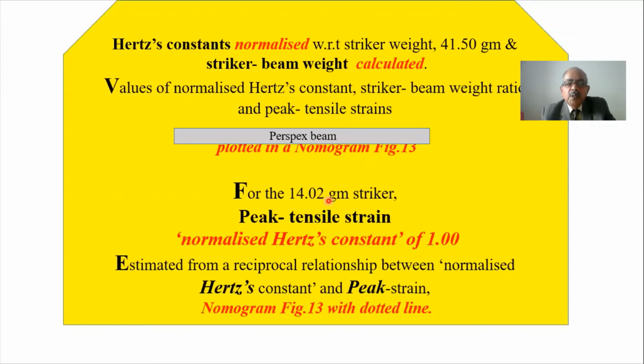For the 14.02 gram striker, peak tensile strain and normalized Hertz constant, we estimated a reciprocal relation between normalized Hertz constant and peak strain, and this diagram is plotted in figure 13. This is showing here.